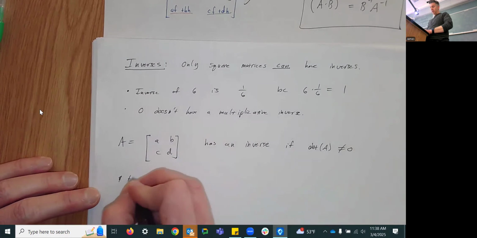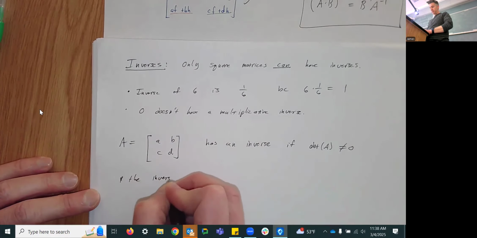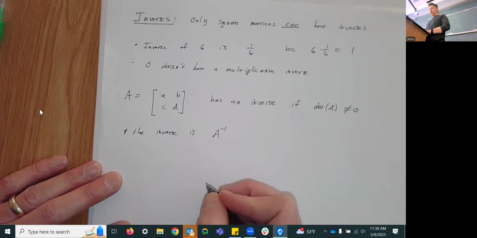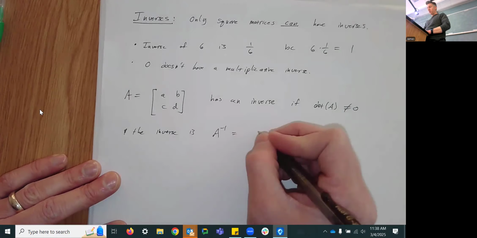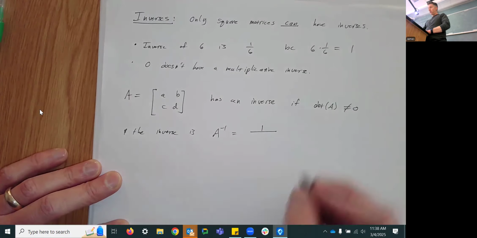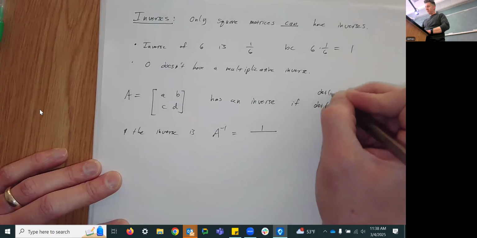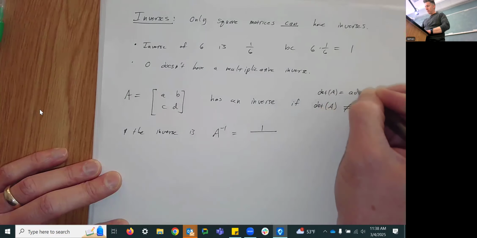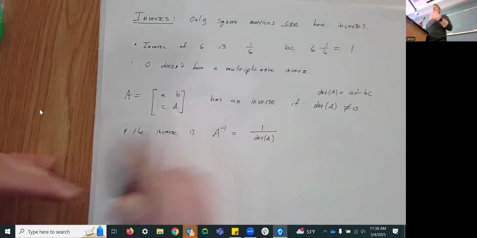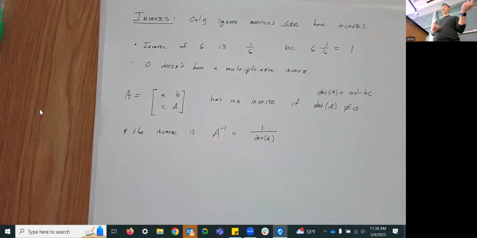And the inverse, you write it as A inverse, or A to the -1 power, but we say A inverse. It's equal to 1 divided by the determinant. I'll remind you that the determinant of A is equal to AD minus BC. So of course, we have to divide. Since we have to divide by the determinant, it better not be 0.